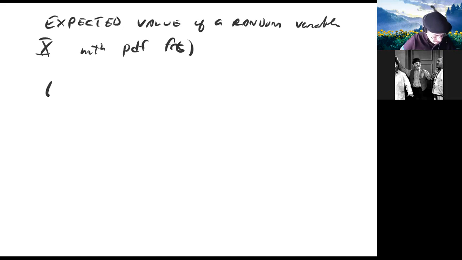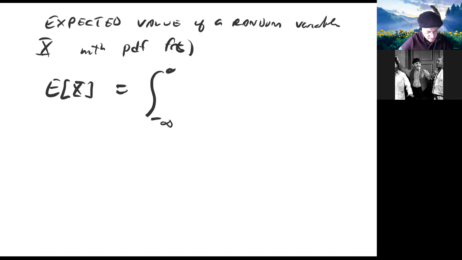So the expected value is you take x, put it in square brackets, and put an E on it. And this is supposed to be a weighted average. By analogy with what I did with the exam grades, instead of a sum, I should be taking an integral over all weights. And then I would get t times f of t dt, just like I had xi times f of xi.